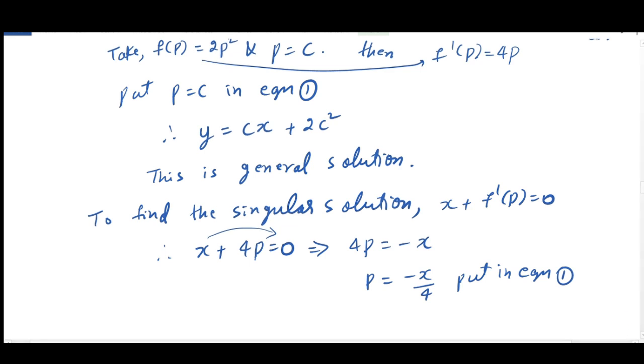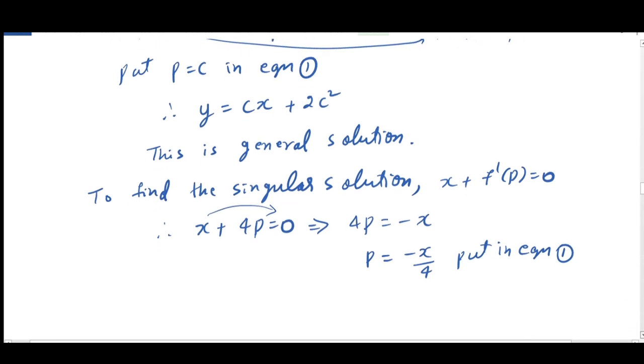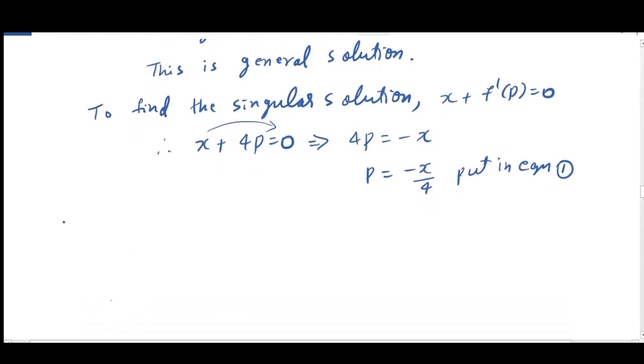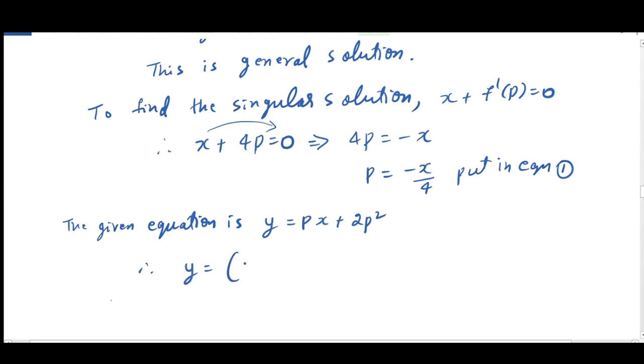The given equation is y is equal to px plus 2p square. Correct? Now I have to substitute this p value. Therefore, y is equal to minus x by 4 into x plus 2 into minus x by 4 the whole square. Is it clear?